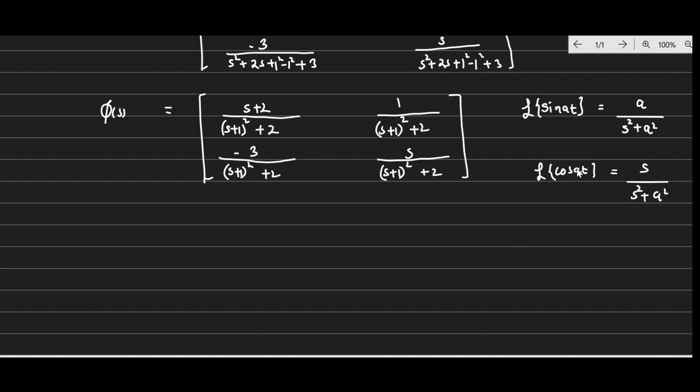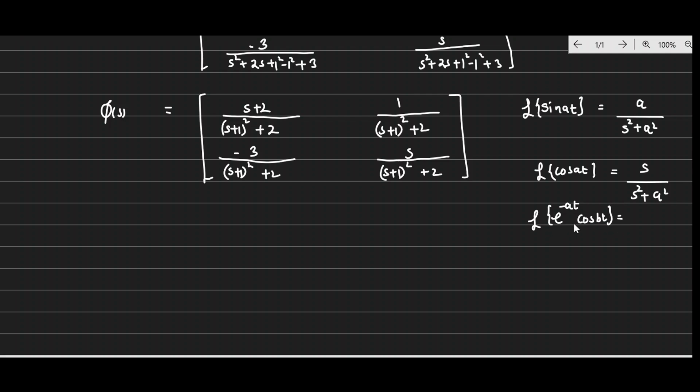And then if you multiply by an exponential function, let's say for instance you have the Laplace of e to the power negative a t, and then cosine b t. I'm just using different values here so that they don't look the same.